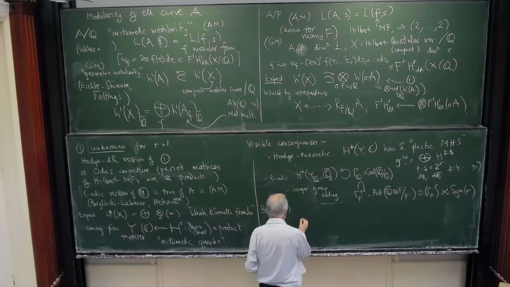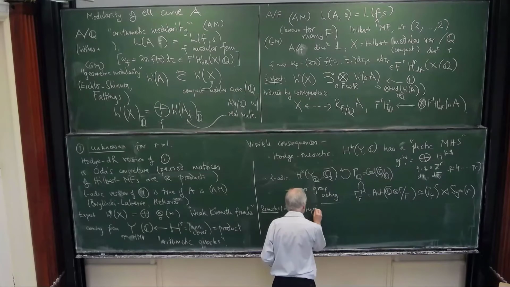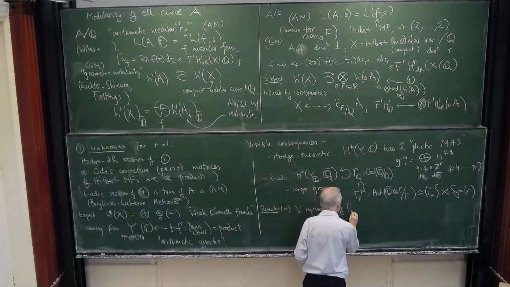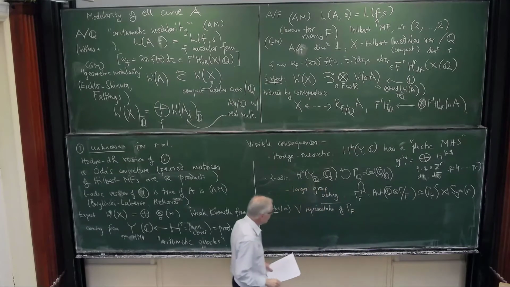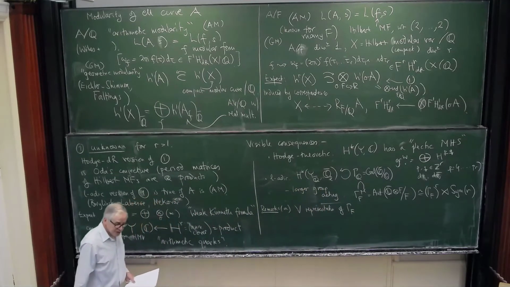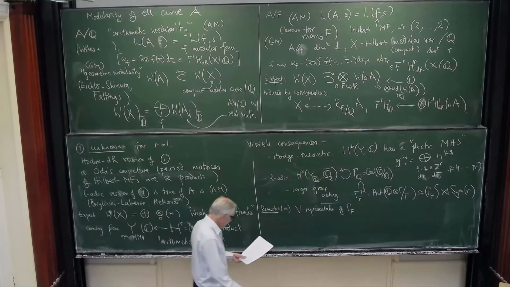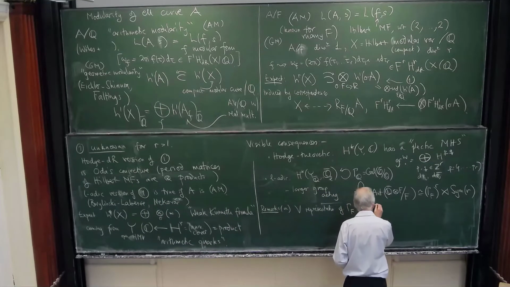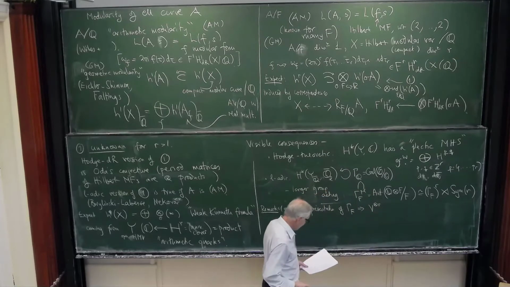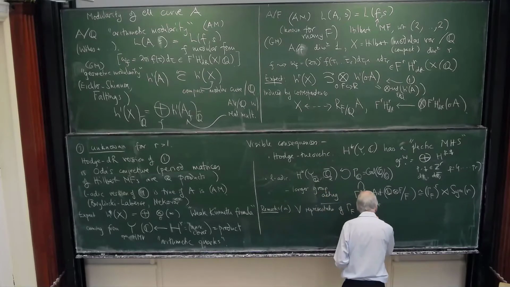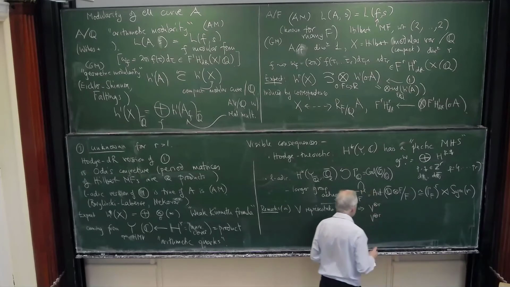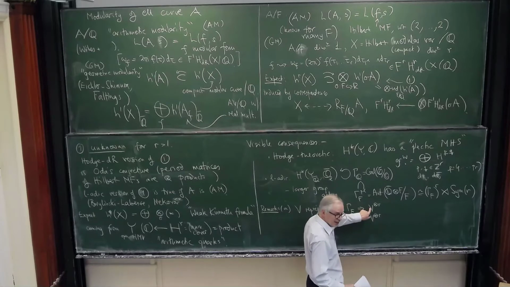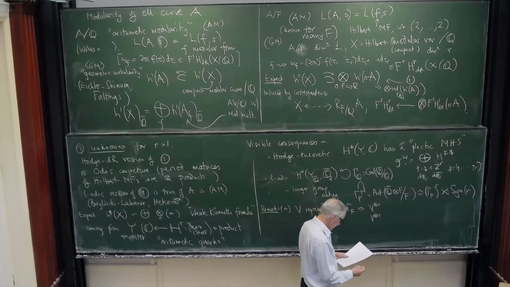If you start with a representation, let's call it V, of this Galois group, the absolute Galois group of F, then if you take either the tensor product or the direct sum, this is the underlying space of the induction, and this is the underlying space of the tensor induction.